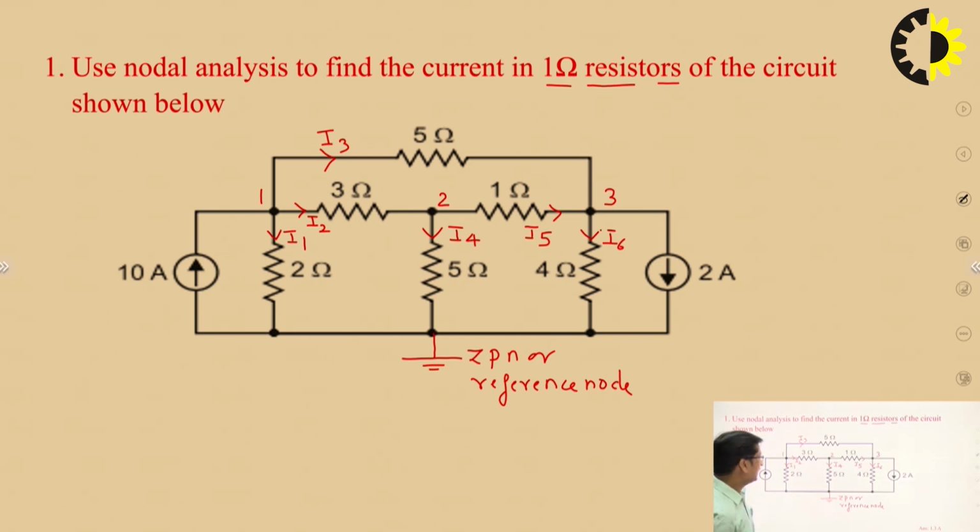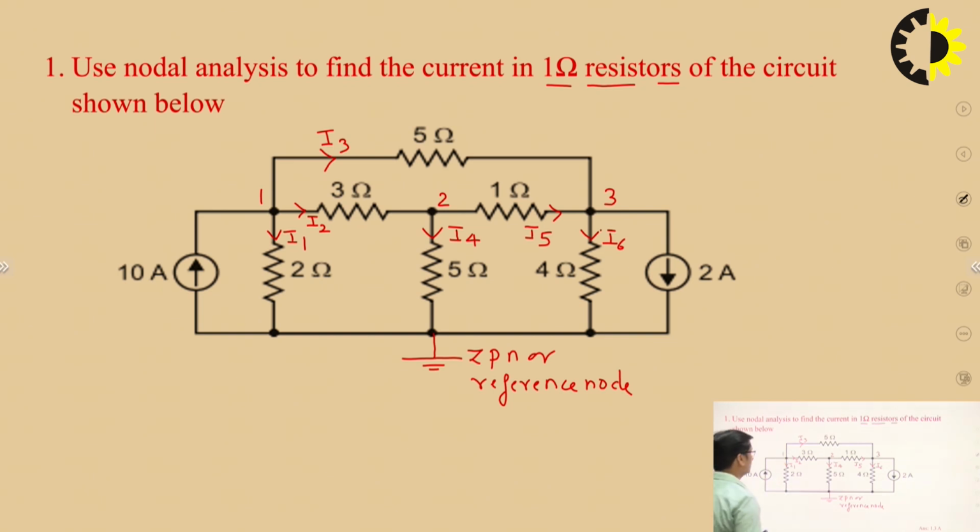Let us take first node number 1. At this node, if we apply the KCL, the algebraic sum of the current at node 1 is 0.